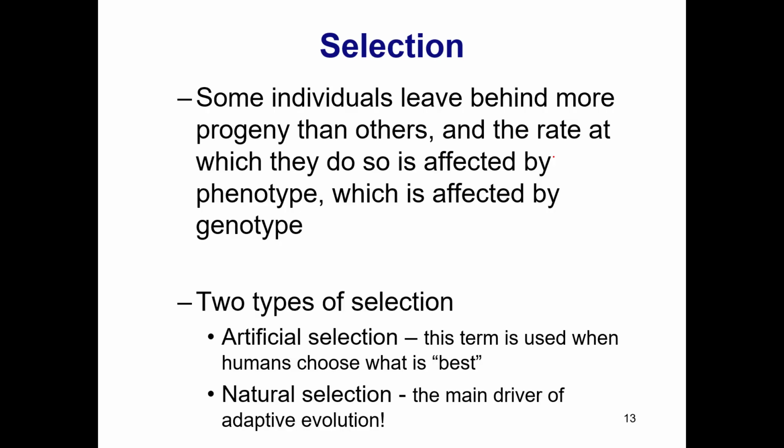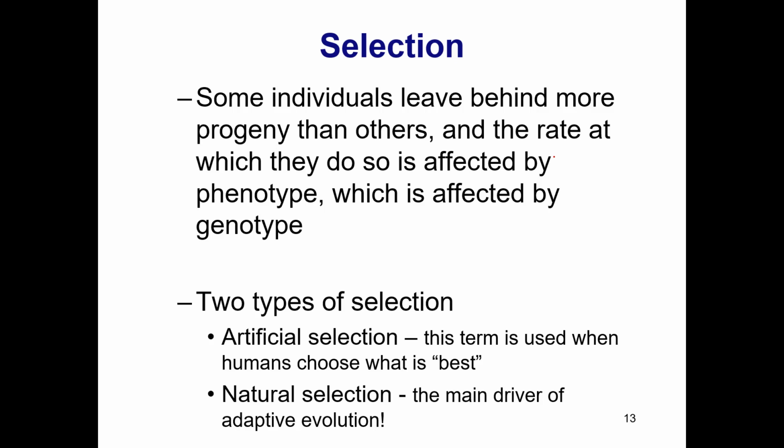All right, but let's talk about natural selection in general. The concept is that some individuals will be more successful and leave more offspring than others, and that difference, if it's controlled by genotype, means those alleles will be more represented in the next generation. So there are two types of selection, artificial and natural.